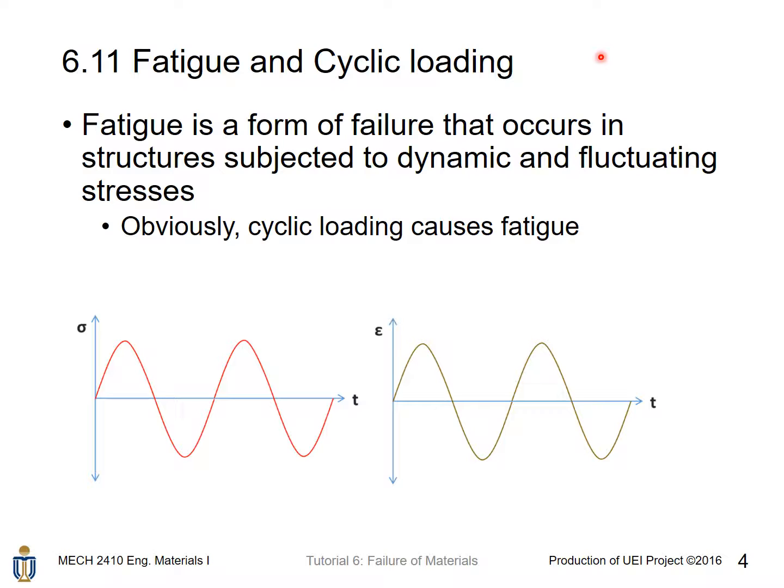The applied stress is fluctuating, and therefore the strain of the material is also fluctuating, and this is what I call cyclic loading. As you have experienced, when you bend a metal strip forward and backward, it will eventually break in a very quick manner. And that is basically what fatigue means.